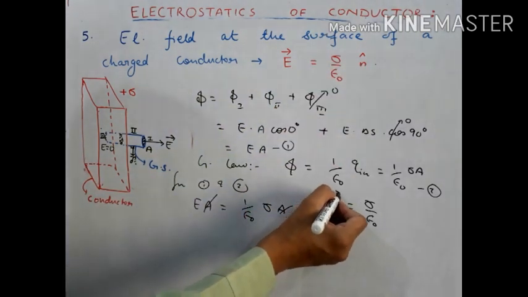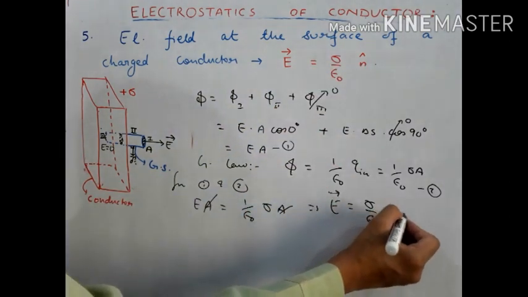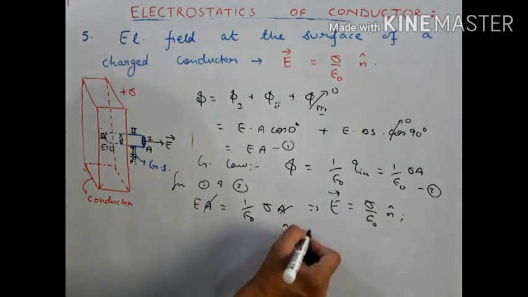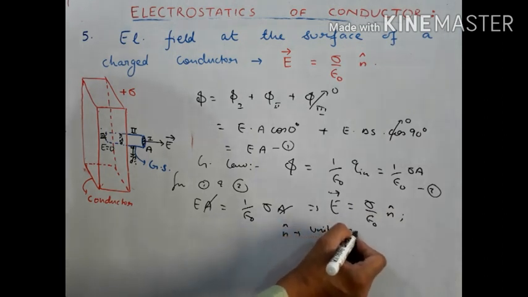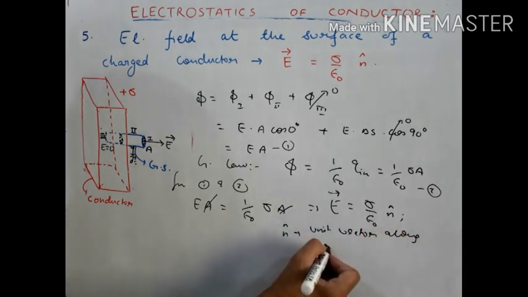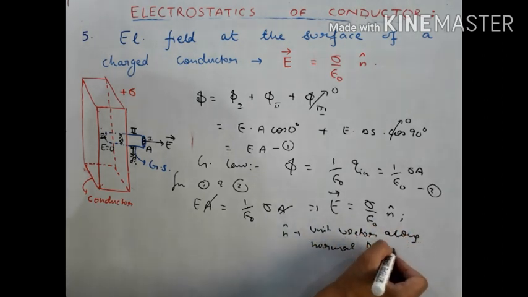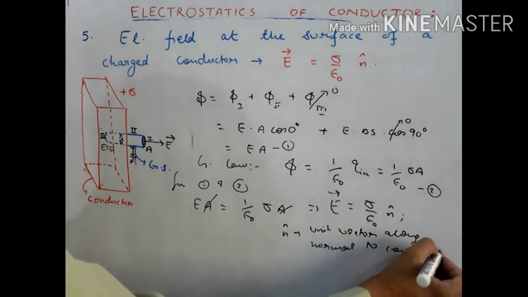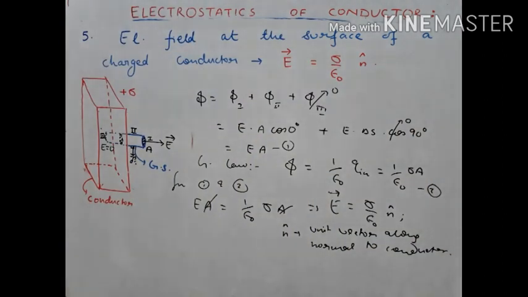So if you wish to write in vector form, it should be like so, where n cap is unit vector along normal to the conductor, normal to the surface of the conductor.